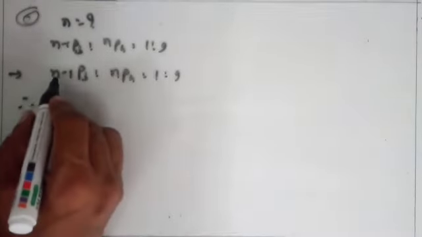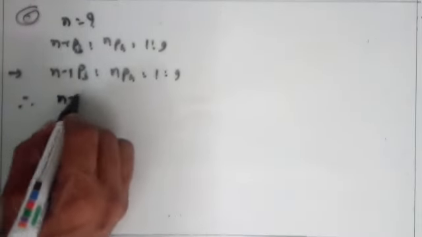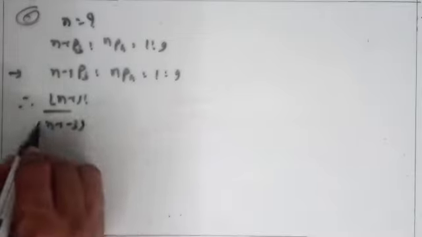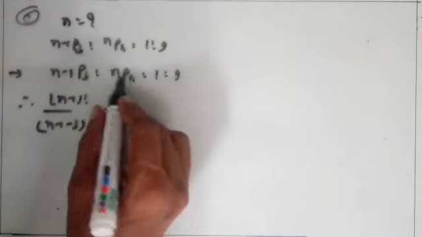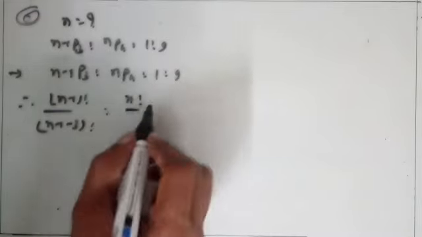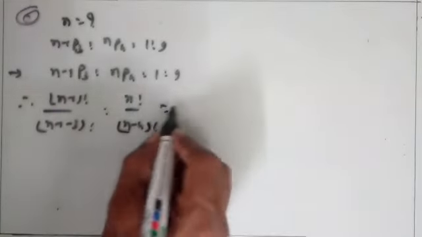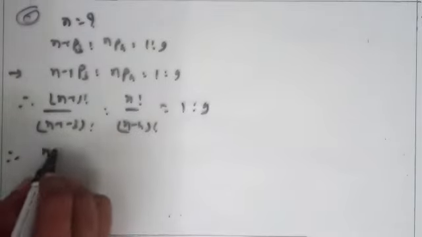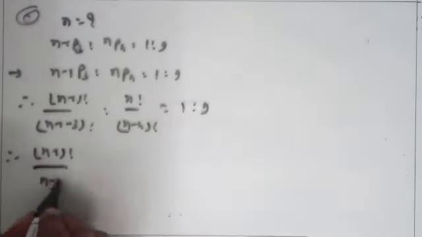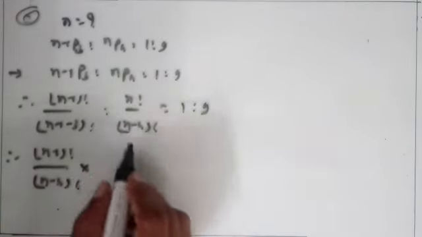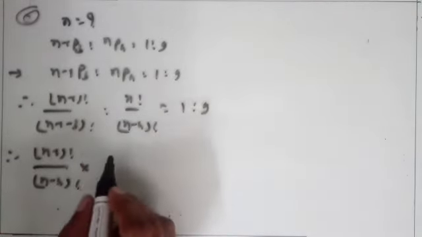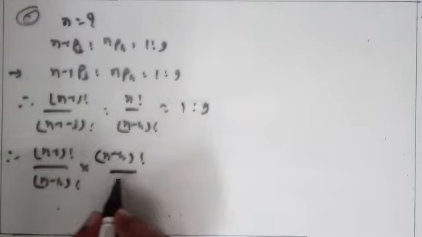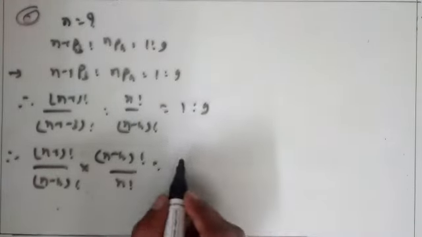Therefore (n minus 1)P3 is equal to (n minus 1) factorial upon (n minus 1 minus 3) factorial, ratio nP4, which is n factorial upon (n minus 4) factorial, is equal to 1 ratio 9.